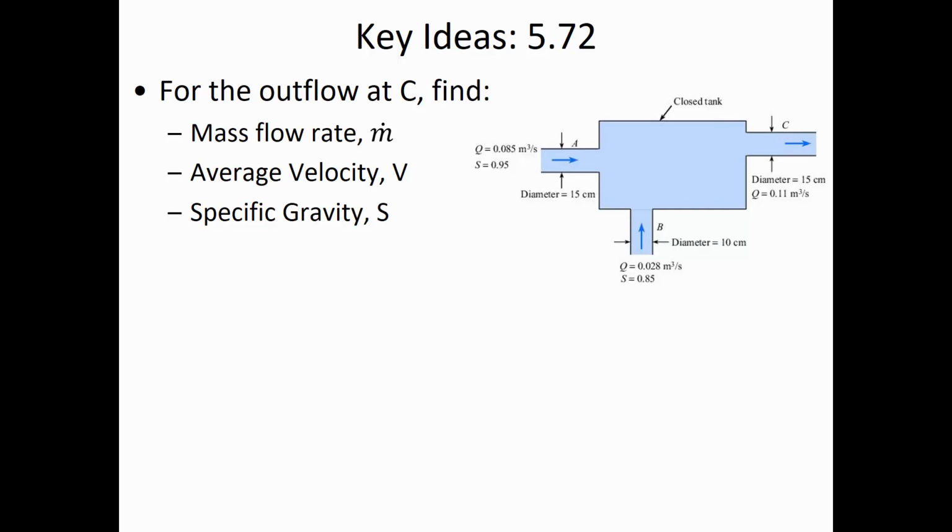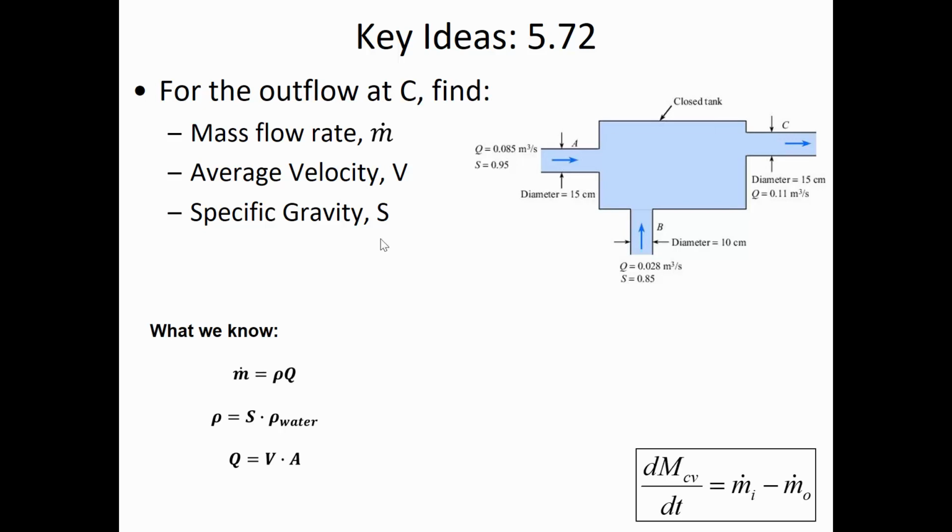So the thing is that volume isn't necessarily always conserved, but in this case mass will be conserved. And so the thing that you can count on is that mass out equals mass in. So here's what we know. We know that mass flow rate m dot is the density times the volumetric flow rate.